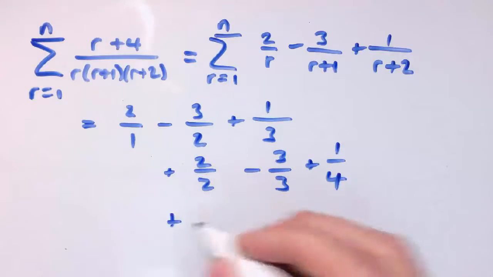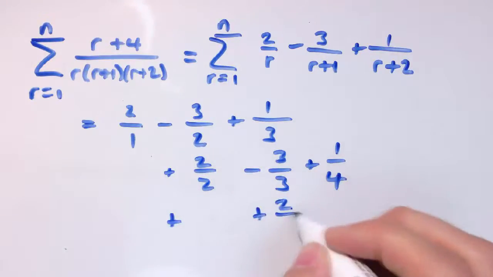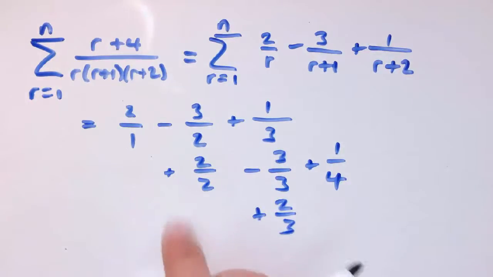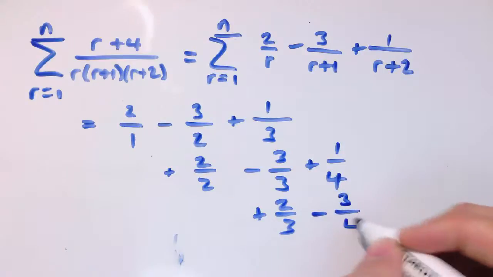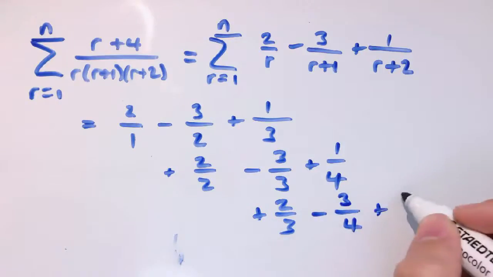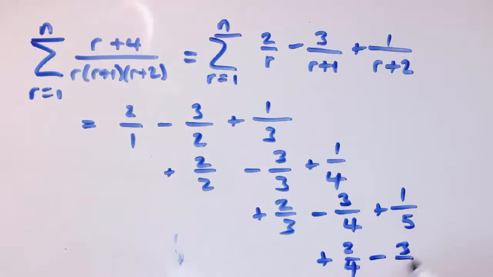When I put in r equals 3, I'm going to get plus 2 over 3 minus 3 over 4 plus 1 over 5. I could keep going. I'll get plus 2 over 4 minus 3 over 5 plus 1 over 6.